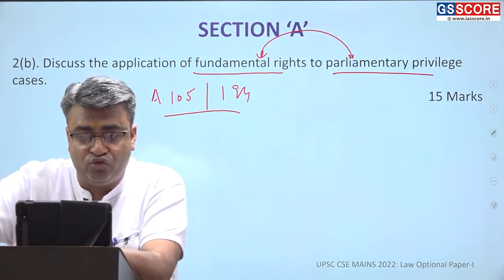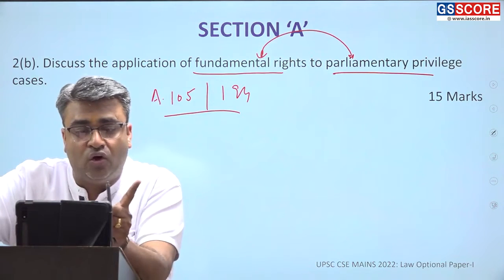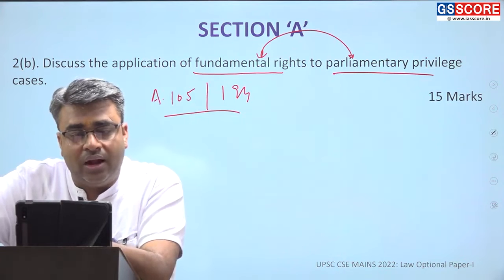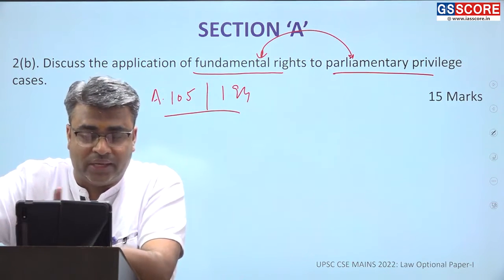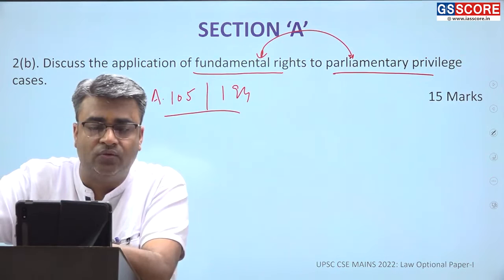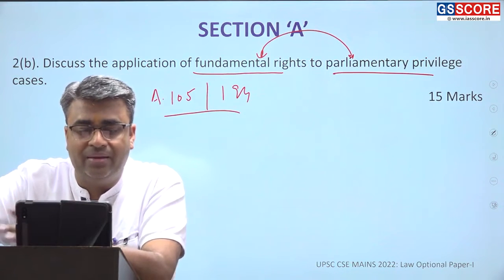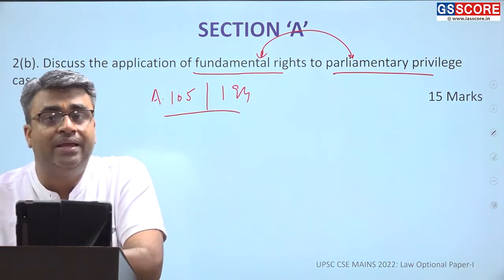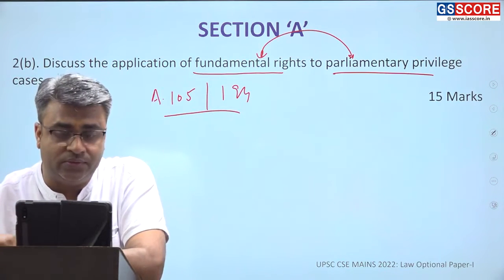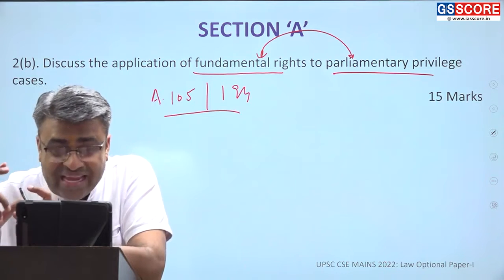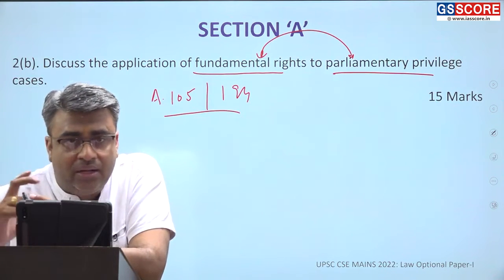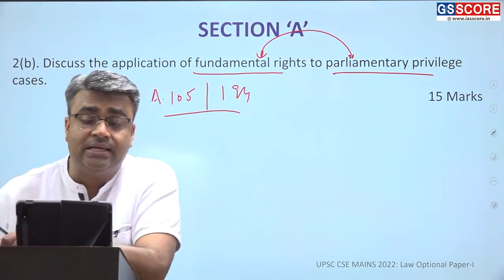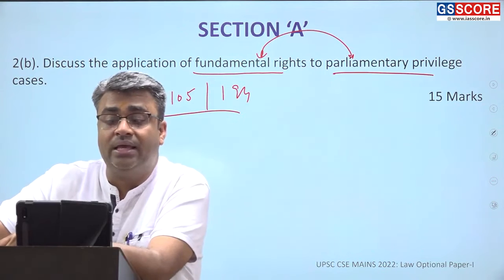It is also one of the issues because there is a conflict of Article 19(1)(a) with this Article 105. The cases which I mentioned to you are concerned with this particular point, whereby parliamentarians, in the name of contempt, sometimes bring action against citizens. So the main area of conflict between the fundamental rights and the parliamentary privileges is this: the parliamentary privileges state that the members in the parliament have the right to prohibit.